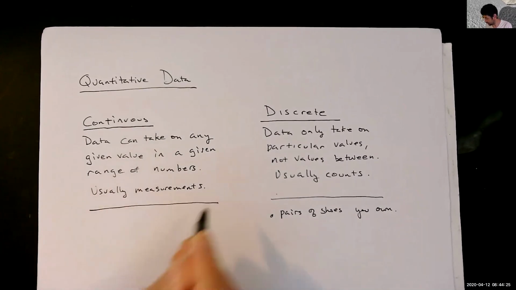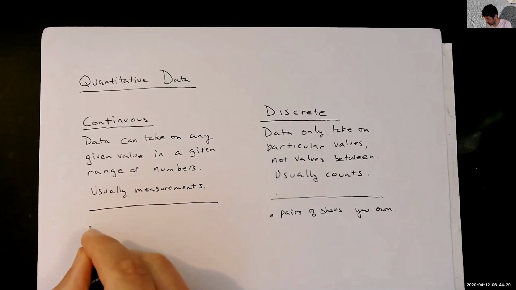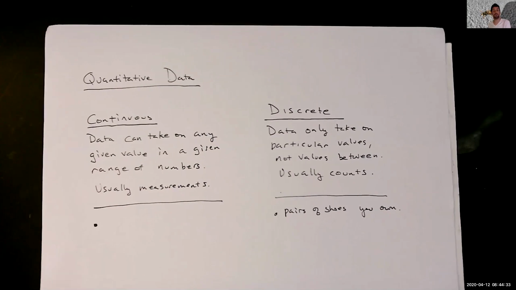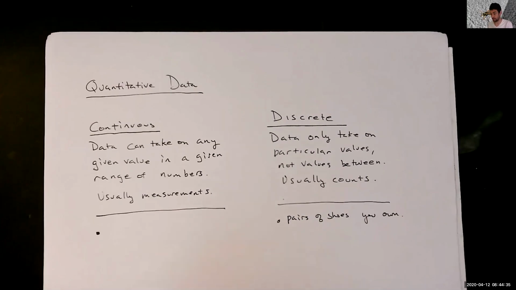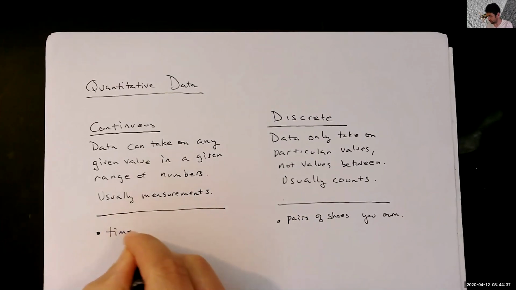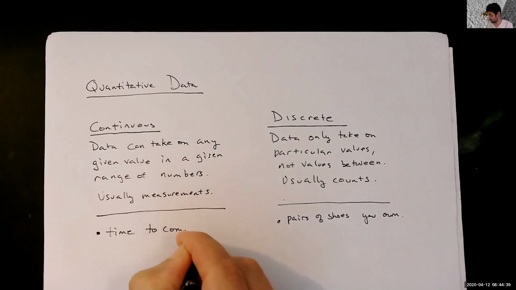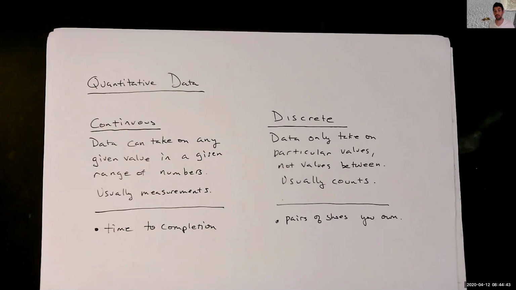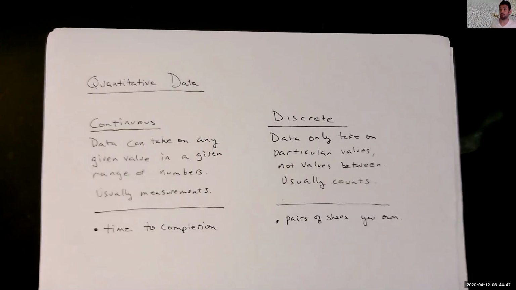On the other hand, let's say I time you guys in performing some task. I give you a computation and I time how long it takes you to compute it. So we can divide time up as small as we want.